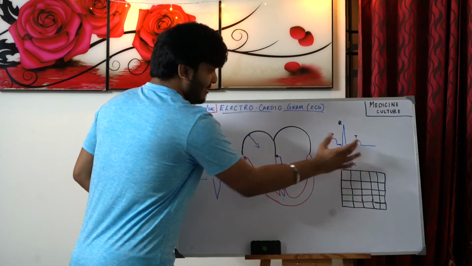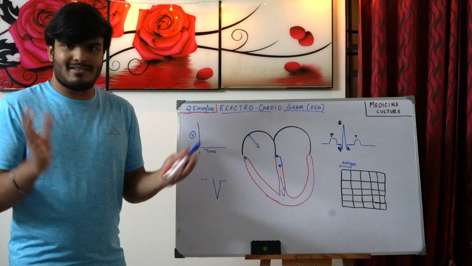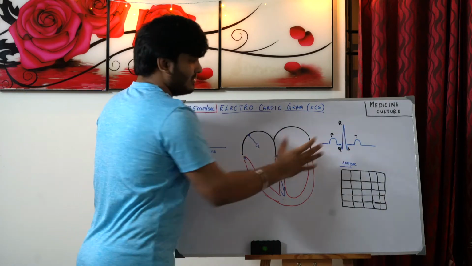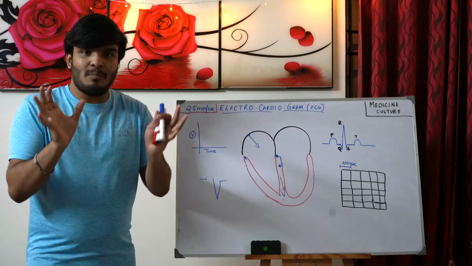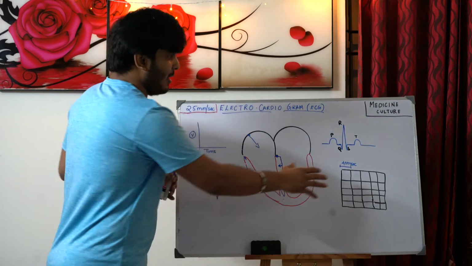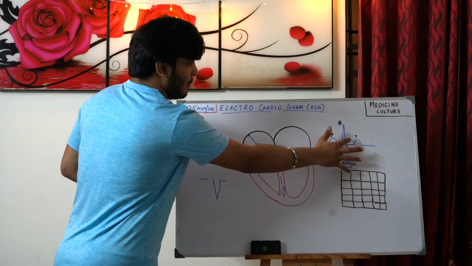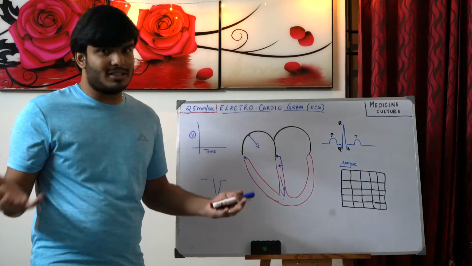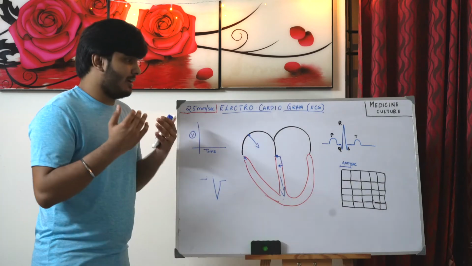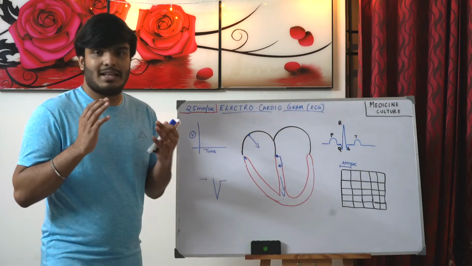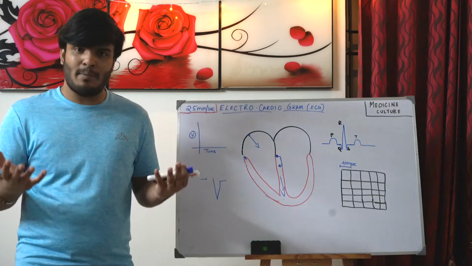This isoelectric line that you see, the ST segment, is a lag between excitation and contraction. This is where ventricles actually contract. There is some pause. Now this positive T wave represents ventricular repolarization. After the depolarization of the last myocyte, what happens next?